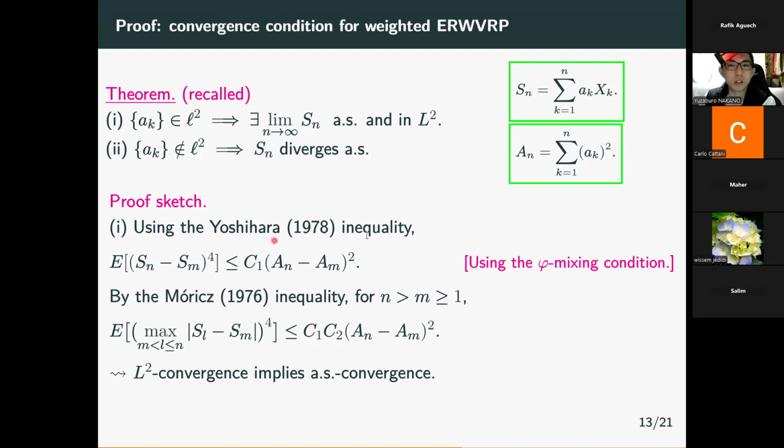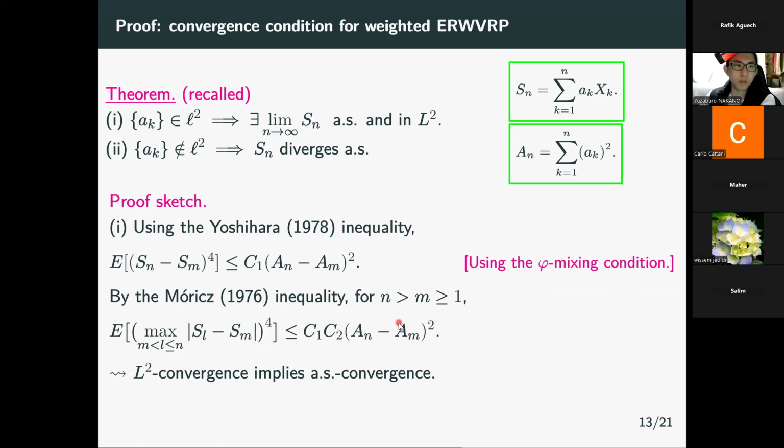First, using the Yoshihara inequality, we can evaluate the fourth moment of Sn minus Sm, bounded by this, using the phi mixing conditions. And also by the Móricz inequality, we can evaluate the maximum of SL minus Sm. The fourth moment of the maximum of SL minus Sm can be bounded by this term.